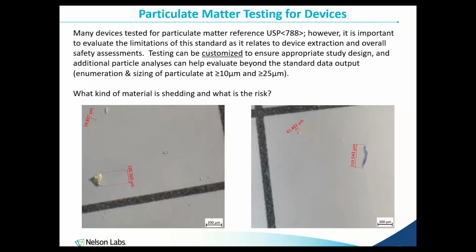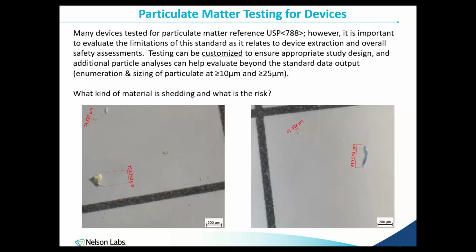Again, for something that's referencing 788, with no guidance for testing a device, there's not a lot of framework for you to put into place to test your vascular device. With TIR 42, you're leaning on the IFU, you're leaning on clinical applications, and you're not just getting an output of the number of particles in a given size range, you can take it further.